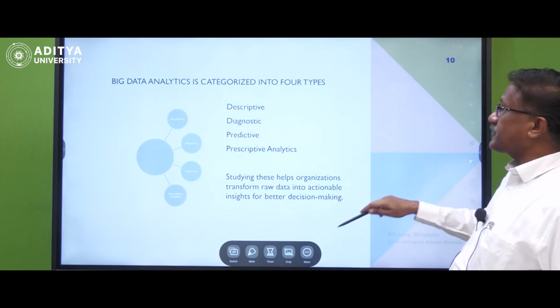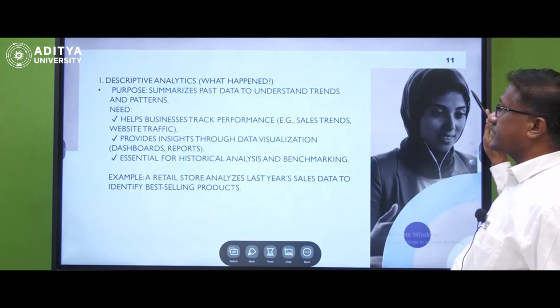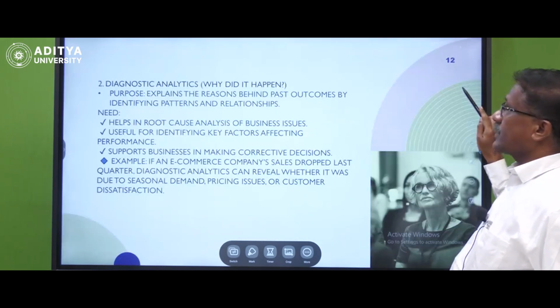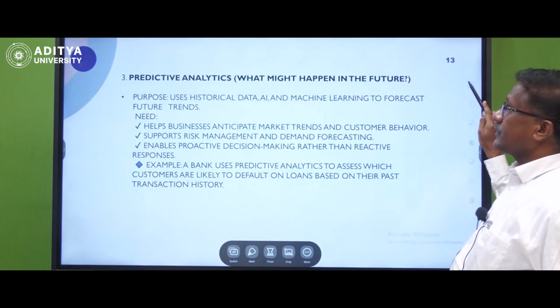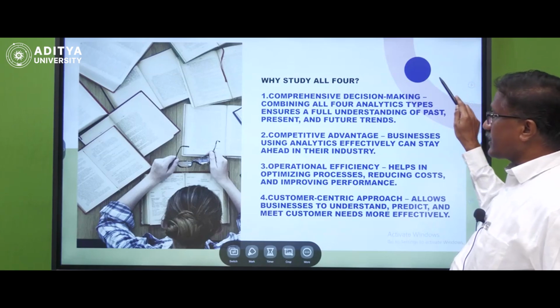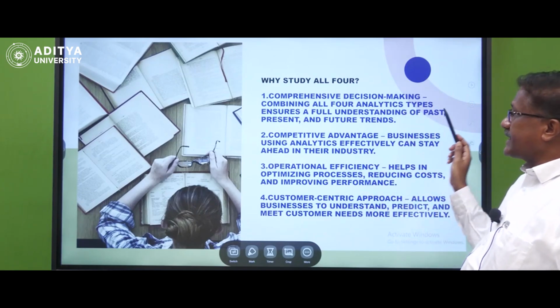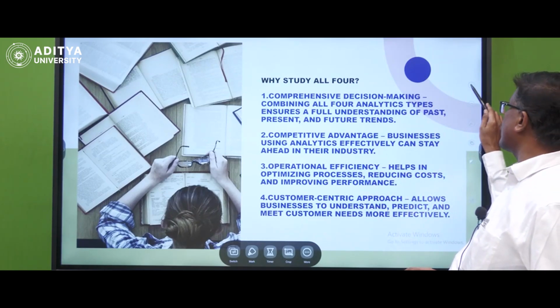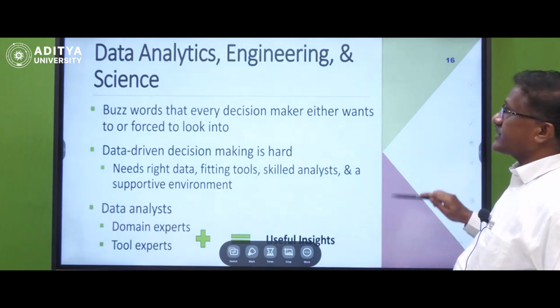And the 4 different types of categories we have already discussed: descriptive, diagnostic, predictive, prescriptive, and the reasons why we need to study all these 4, that also we have discussed.